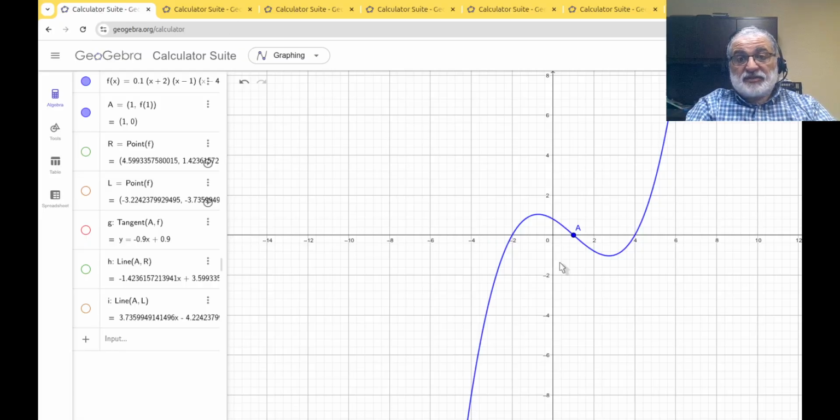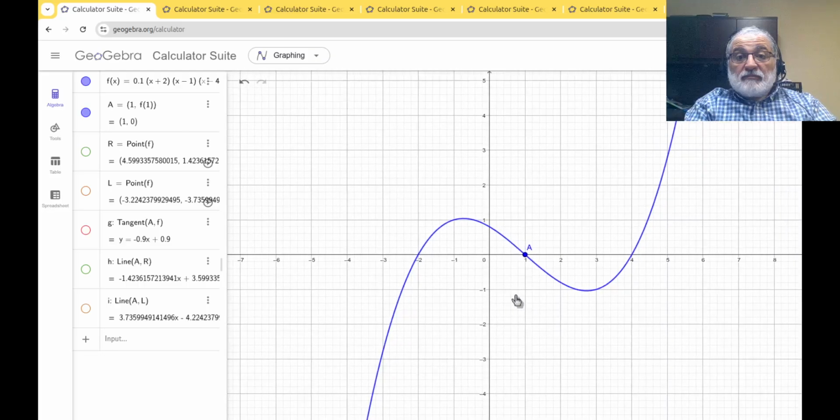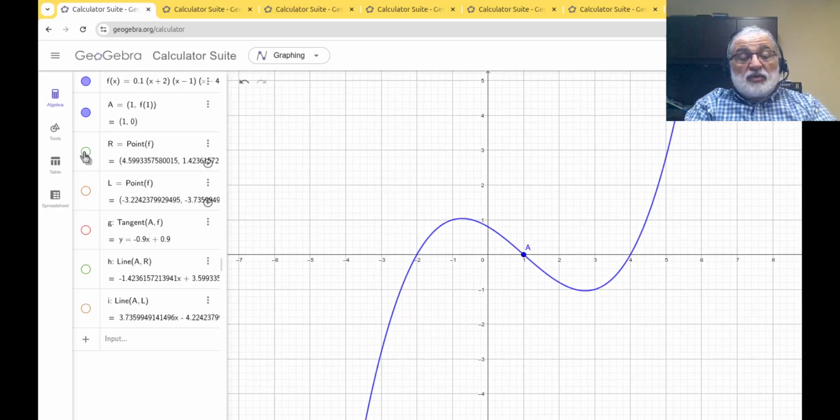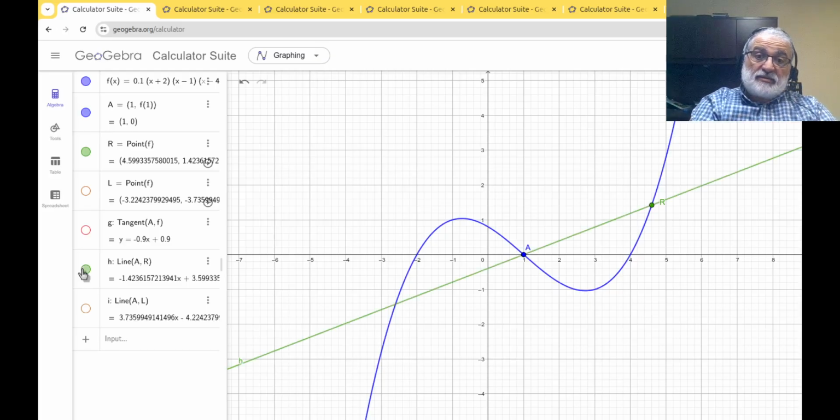As you can see here, I have a function and there is a point on this function. I try to fix this point for the rest of the examples, at where x equals 1. I am going to choose another point here, point R, to the right of point A, and we will connect the point R with point A with a line.